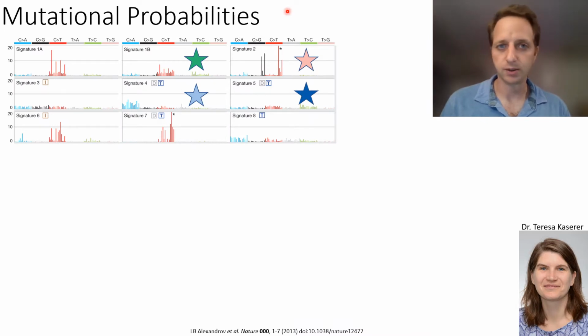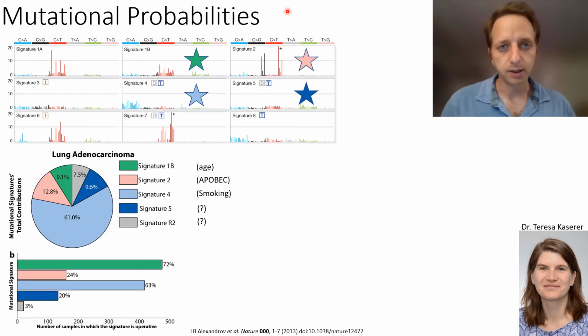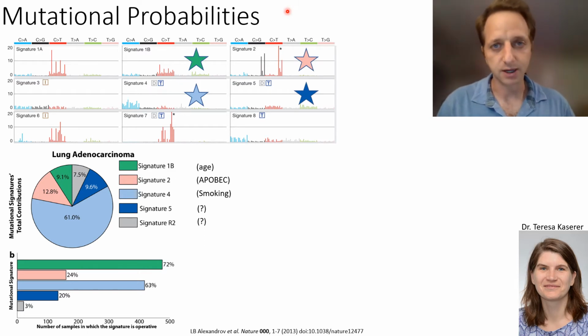Another criteria we use in Resistor is the probability that a mutation will occur in vivo. We call this the mutational probability. A lot of this work was done by our collaborator and paper author, Dr. Teresa Cazerer. So what are mutational probabilities? Mutational probabilities are derived from mutational signatures. Mutational signatures themselves are deconvolved from tens of thousands of whole exome and genome sequences across many different types of cancer.